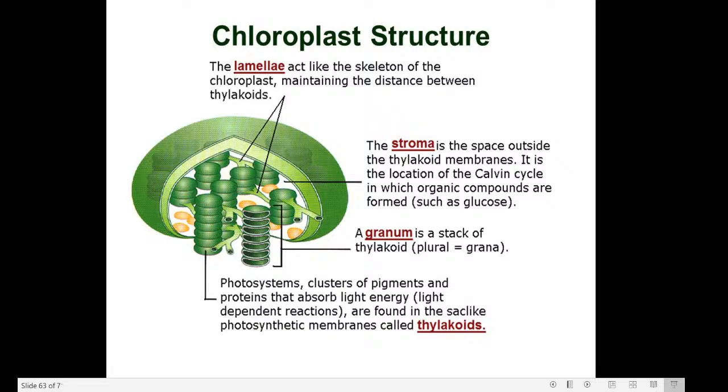These clusters of pigments have the ability to absorb light.